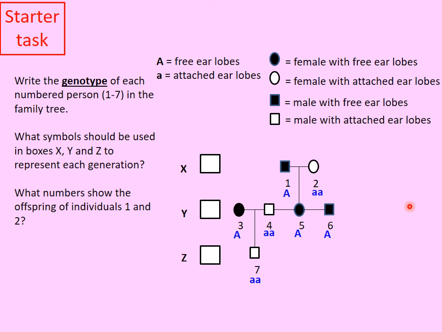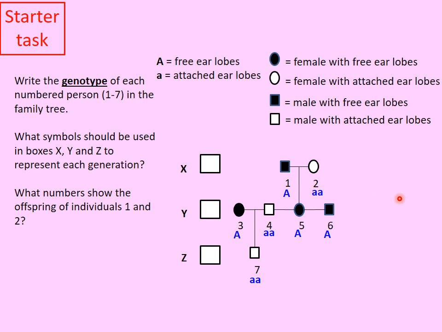Then we'll start with 1, working this person out. We know for a fact that they've had a child, and their child is homozygous recessive, so they've got two little a's. We know that they got one of them from their mother. The only place you could get the other little a would be from their father.